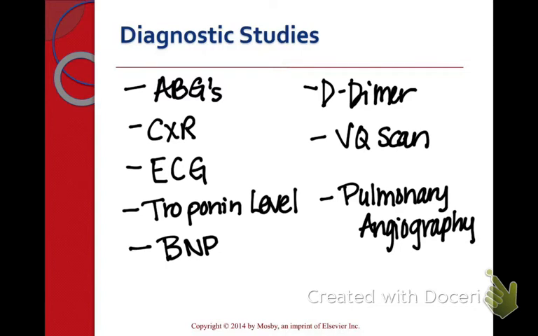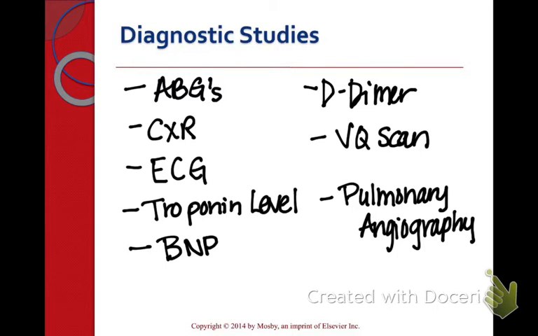The first component is perfusion scanning, which involves the IV injection of a radioisotope, like a nuclear scan, and a scanning device images the pulmonary circulation. And then it also involves ventilation scanning, which involves inhalation of a radioactive gas, and that scan reflects the distribution of gas through the lungs. So that's the ventilation component.